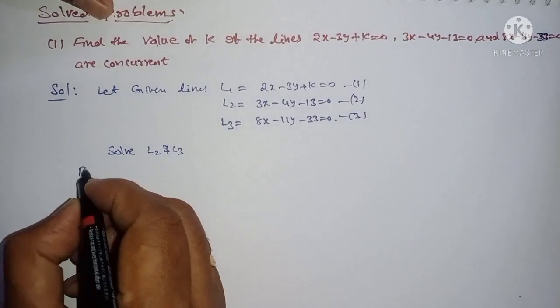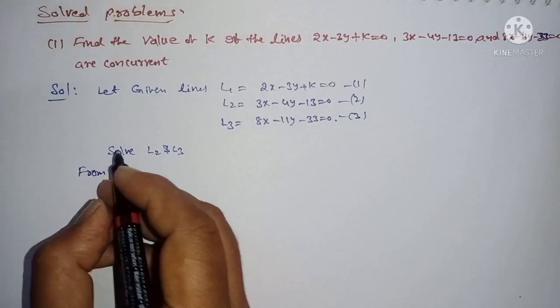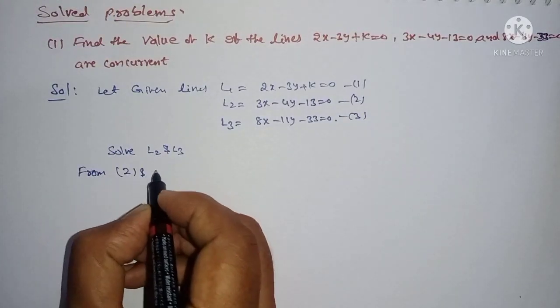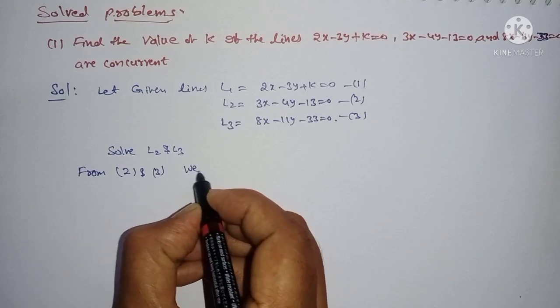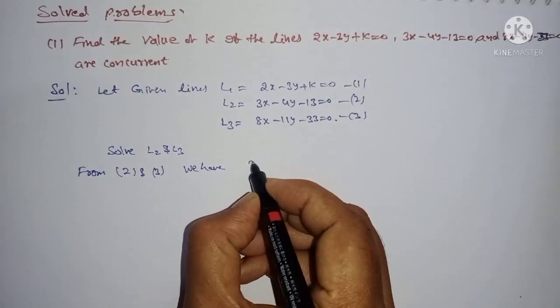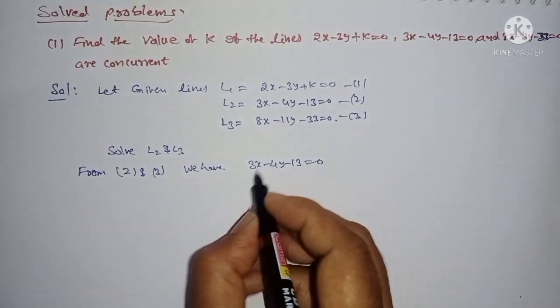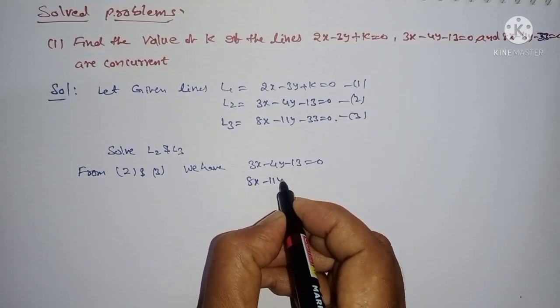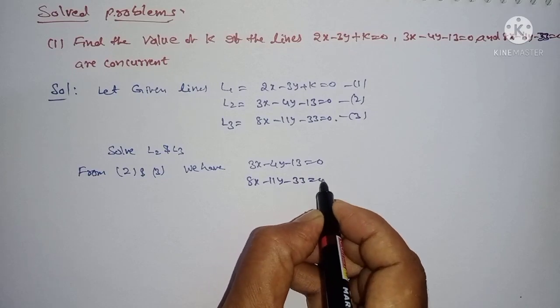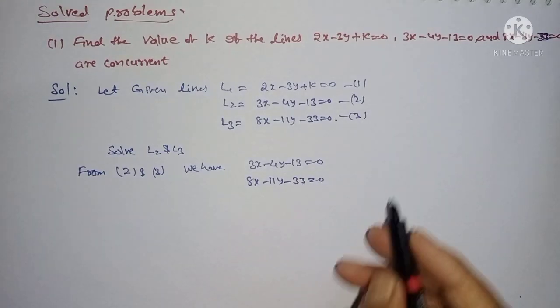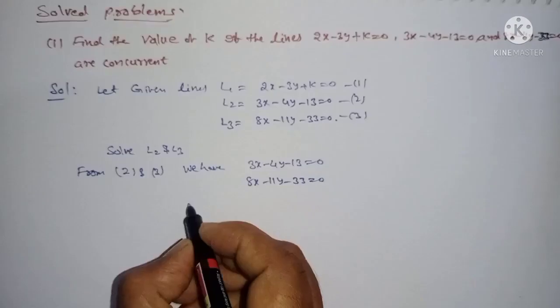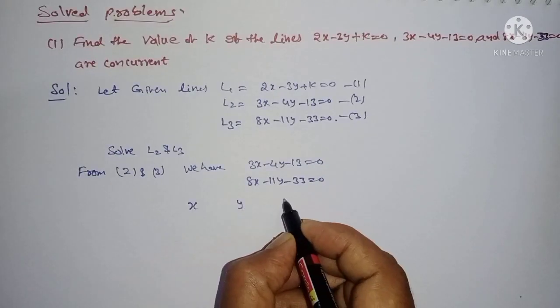Therefore, from 2 and 3 we have 3x minus 4y minus 13 is equal to 0 and 8x minus 11y minus 33 is equal to 0. I am solving here by the method of x, y and constant.